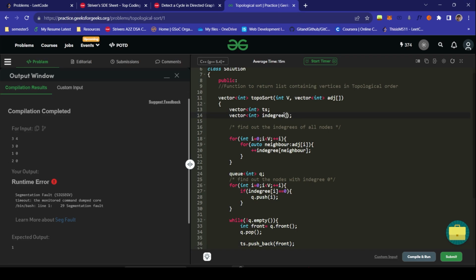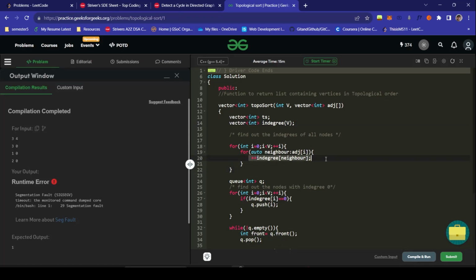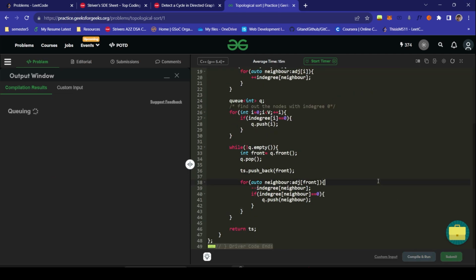Okay, so I had to initialize the size of in degree, because if we are doing something like this, we first have to make sure that we have given in degree the space of 3. That's how C++ works. So let me just do it now. Do I get the right answer? Yes, I did. Let's try to submit it.